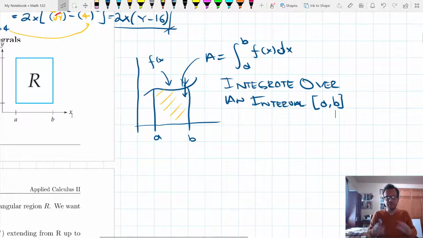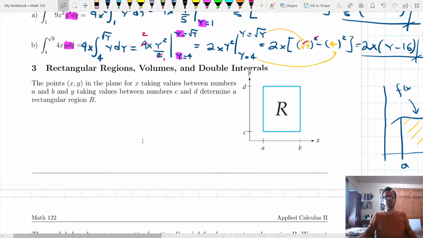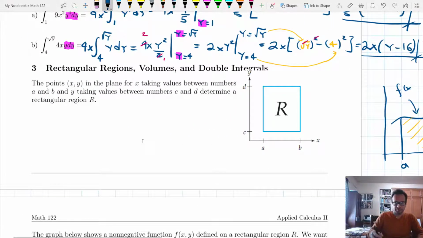Now let's go back to regions. When it comes to evaluating double integrals, we are going to use them to find volumes. Suppose we have a solid in 3D, and you look at it from the top.